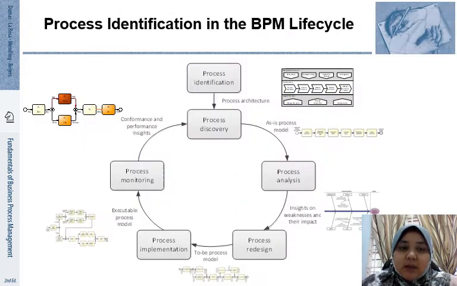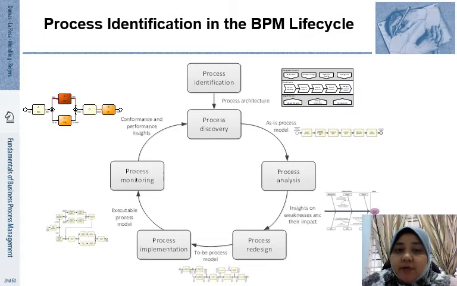Okay. So I think we've seen this life cycle, the business process life cycle, in chapter 1. This is a very important life cycle throughout the syllabus because we're going to follow this and understand this. In this life cycle, we have a few phases.